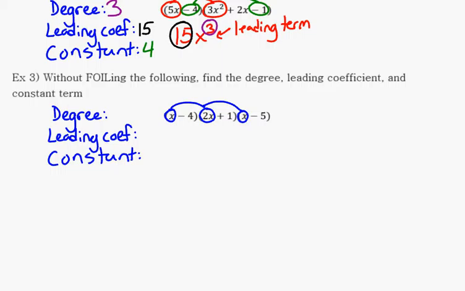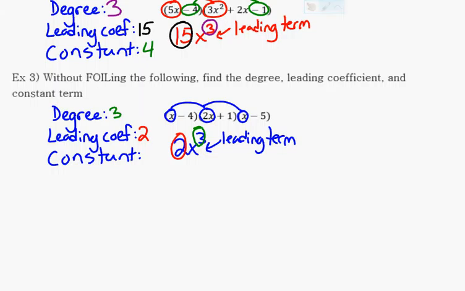So if I look carefully, I'm going to have a 2x to the third as my leading term. Nowhere else in my entire FOILing process would I get anything larger than an x to the third, or would I get another x to the third term. So that tells me the degree is 3, and it tells me my leading coefficient is 2.